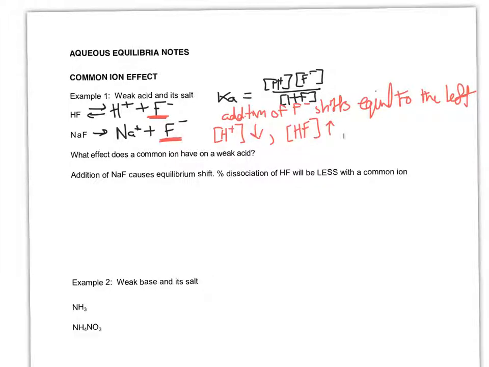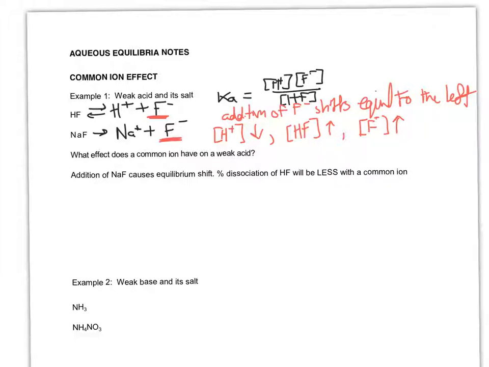And then my F- concentration: I am adding F-, and so yes, I'm going to shift to the left to use up some of the F-, but not all of it will get used up, and so the F- concentration increases since I'm adding more of it. So that would be the effect on the equilibrium position and all of the concentrations of the species.